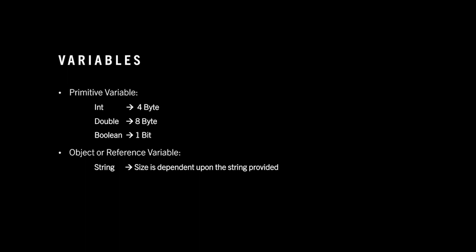Now doubles can store 8 bytes, and it can store floating point numbers.